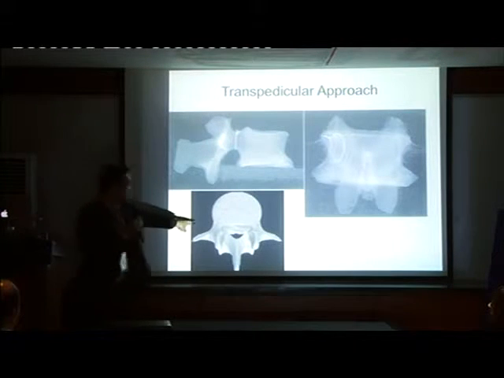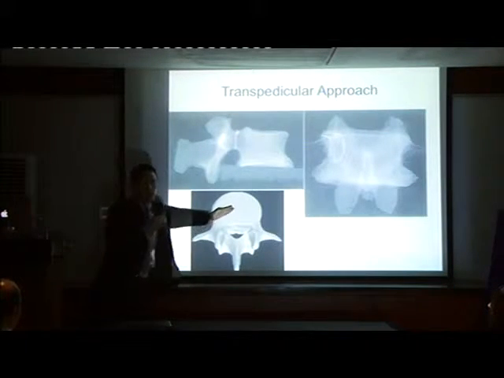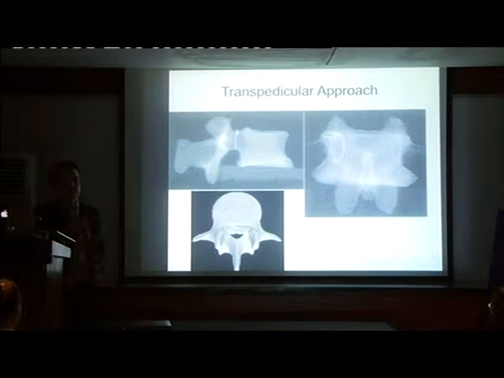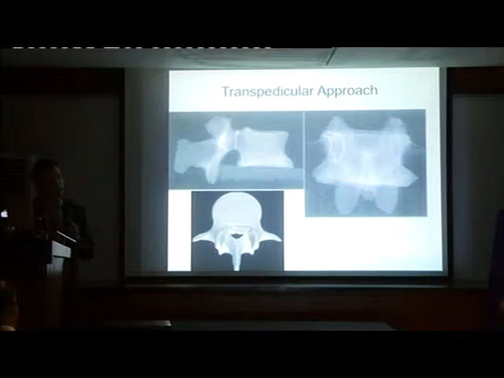Because then when you're through cortex, you're okay to go medial because you're away from dangerous structures. So you've got to keep reviewing, take pictures of this, because this is the easiest way to teach fellows and understand 3D anatomy and navigation of that needle using fluoro.